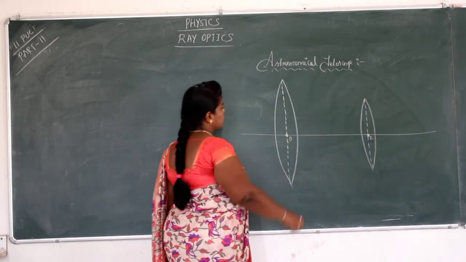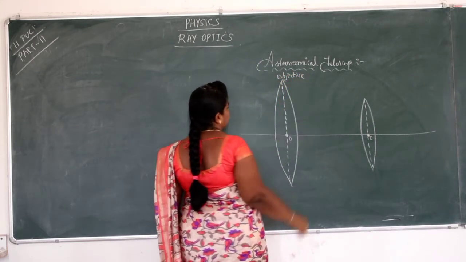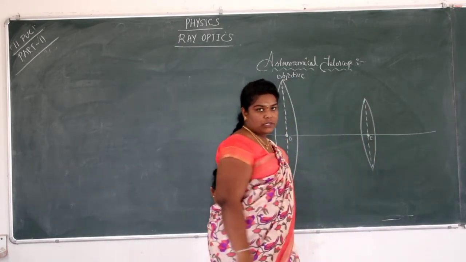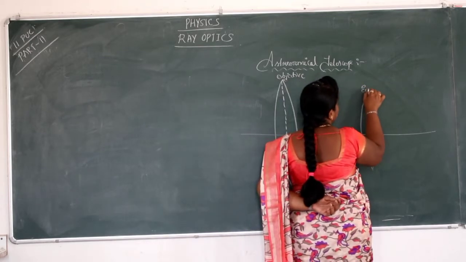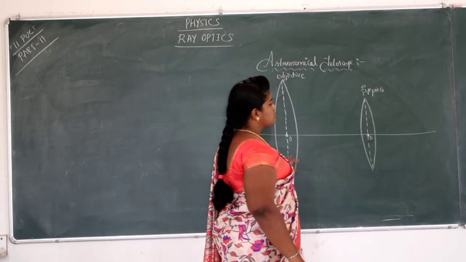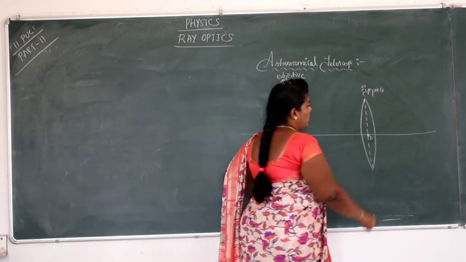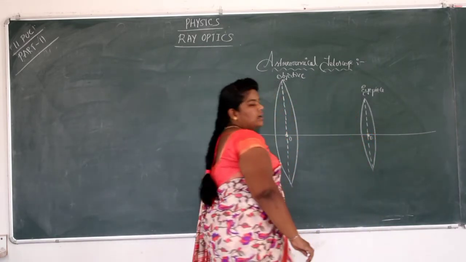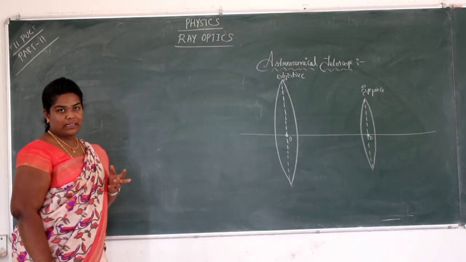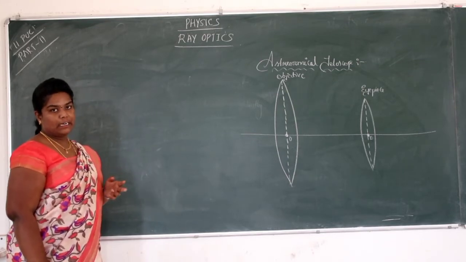The lens with the greater aperture is considered the objective lens with optic center O, and the lens with the lesser aperture is called the eyepiece, which is placed towards the observer, whereas the objective lens is placed towards the distant object. The eyepiece has the optic center A, and these two lenses are arranged on the ends of movable sliding metal tubes.